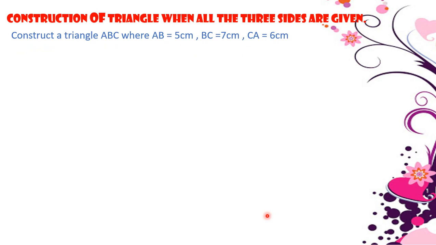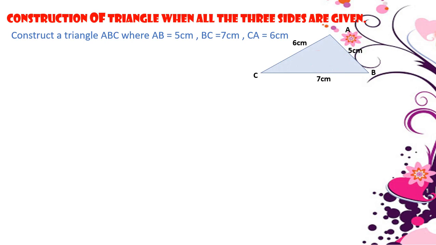So the question is: we have to construct a triangle ABC where side AB is 5 cm, side BC is 7 cm and side CA is 6 cm. First we have to make a rough figure or a rough diagram, and write all the measurements in this triangle.